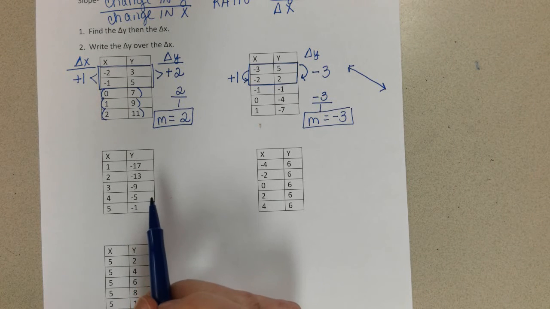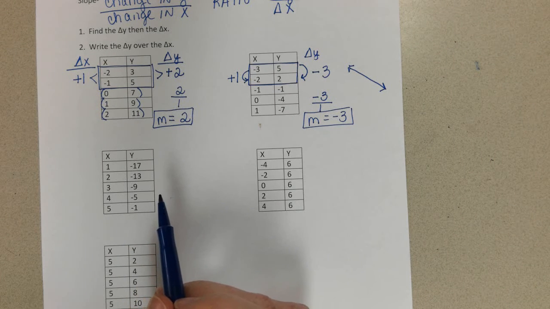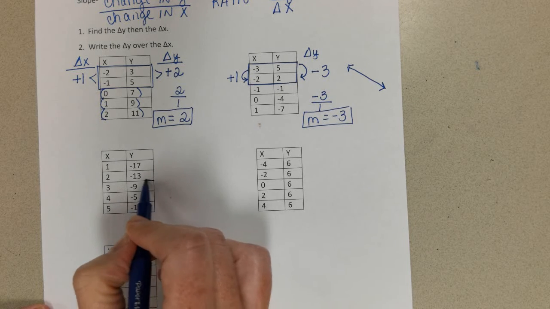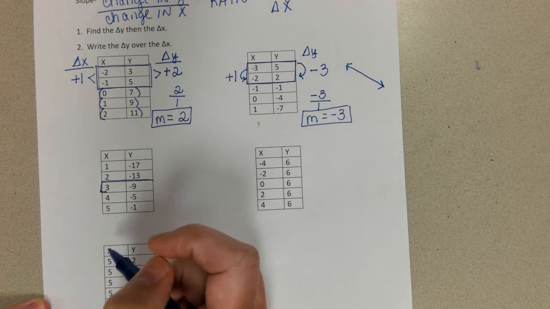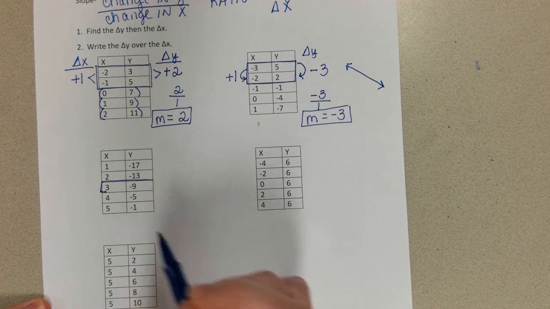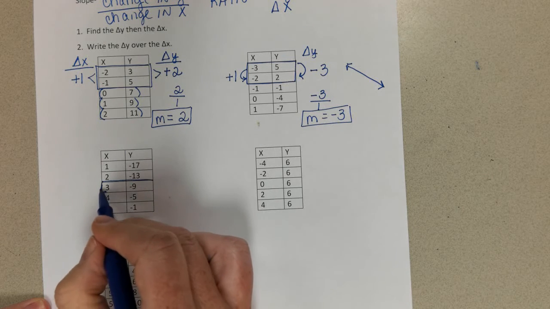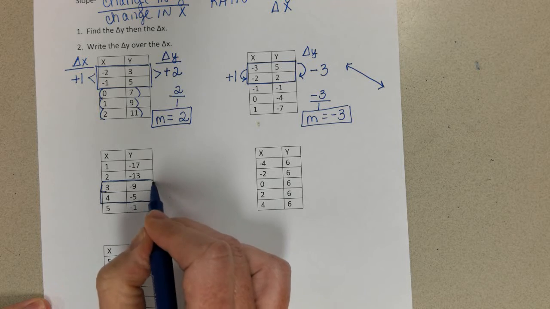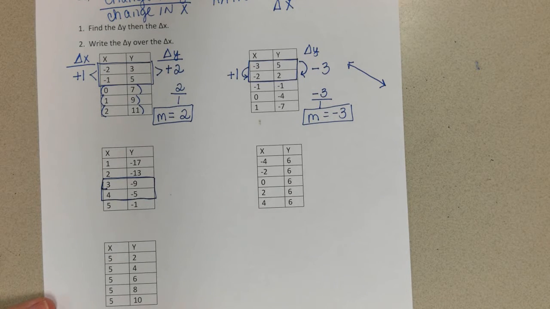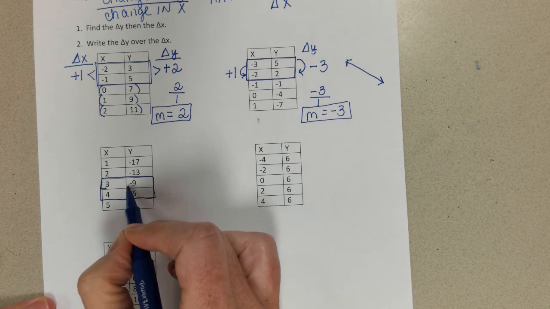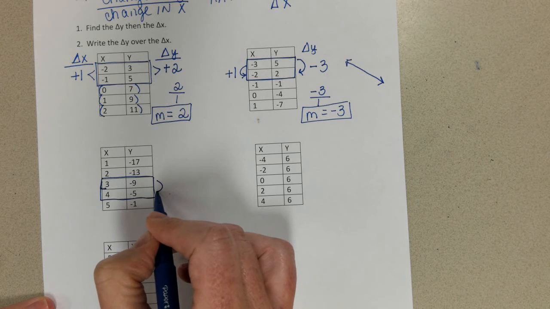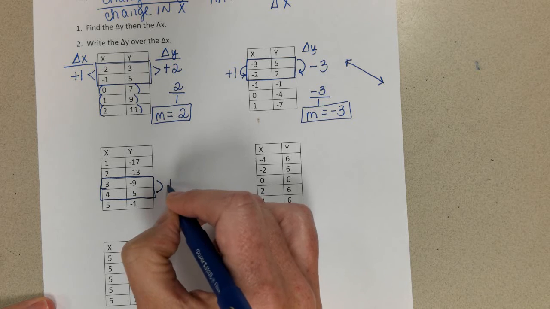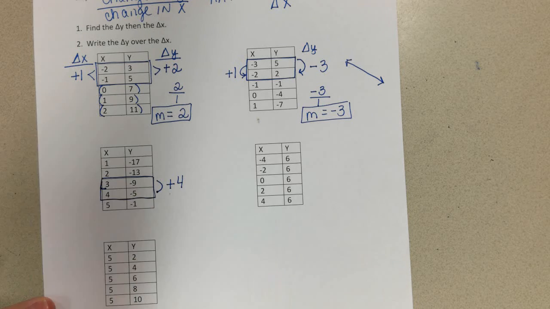Okay, let's look at the next group. Just to be different, let's pick some different points. Remember, it doesn't have to be 2 right in a row, although it's easier. You can pick any 2 points. Let's still pick 2 right in a row, but let's pick these 2 points. What am I doing to get from -9 to -5? I am adding 4, because we're going up.